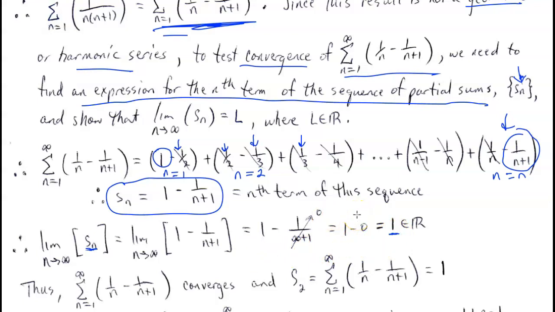And thus, since the limit of the sequence of partial sums exists, that means that the corresponding series that sequence of partial sums was made from is going to be convergent.